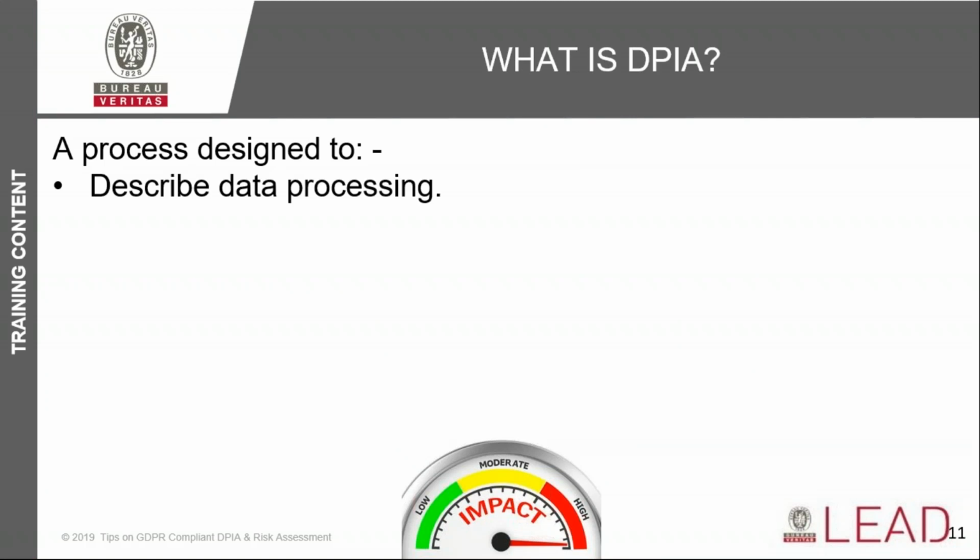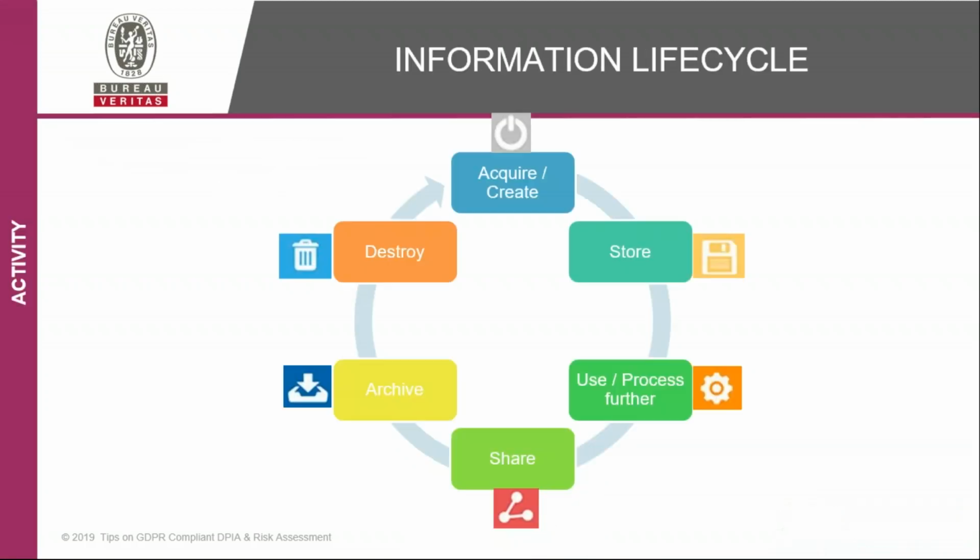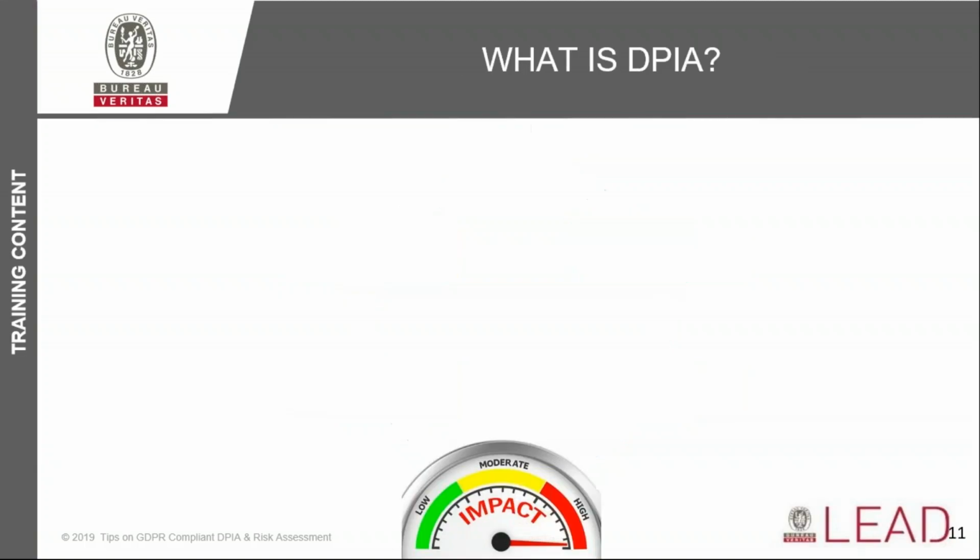So at each level here, we do things on the data. We need to understand that we are processing data at each level, and this data can be related to very vulnerable people. It can be highly sensitive information, and we need to protect it as much as we can.